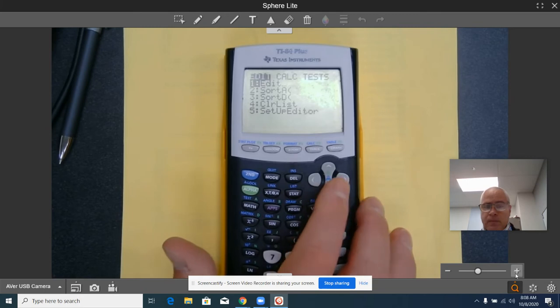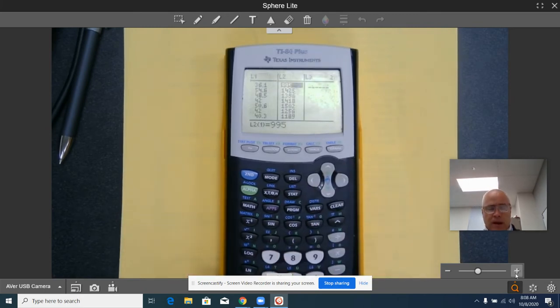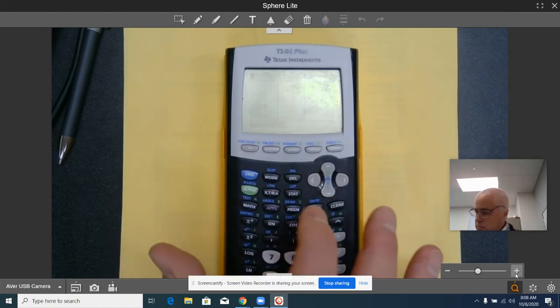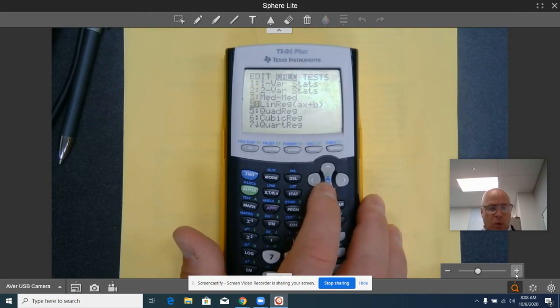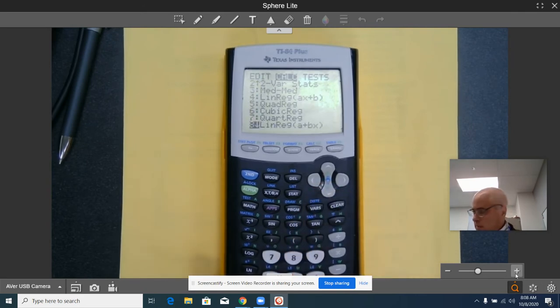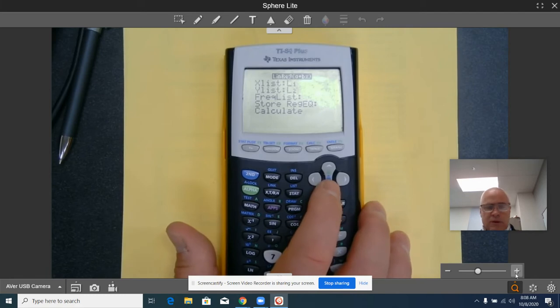Go into Stat, go into Edit, enter all those numbers, and get out of that. Stat, Calc, and remember it's not 4, it's number 8. Enter, and then it was list 1, list 2, frequency list we don't care about.